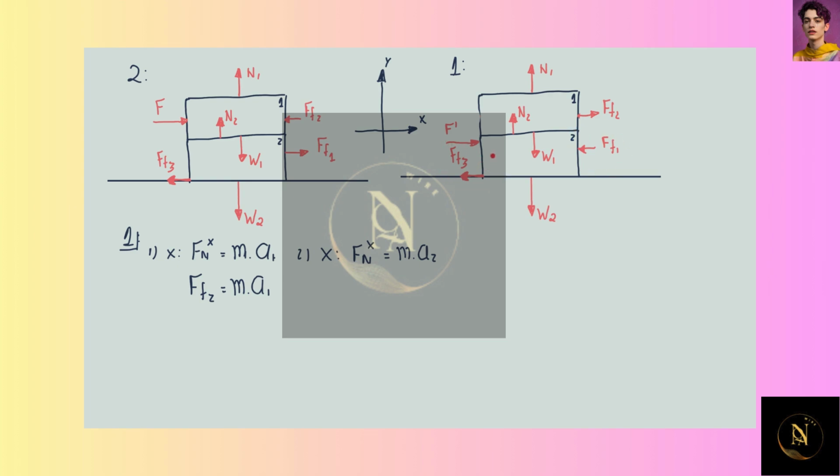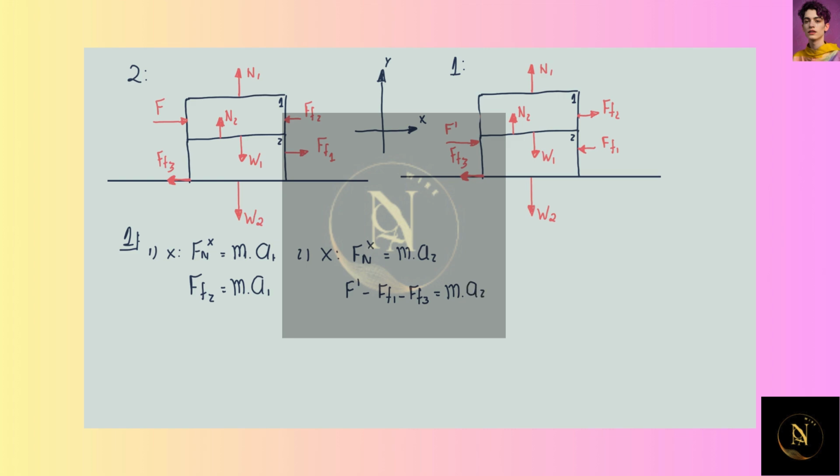The frictional force exerted by the ground on block number 2, and the force F prime that is applied to the lower block. So it tells us that F prime minus frictional force 1 minus frictional force 3 is equal to the mass of block number 2 times its acceleration.